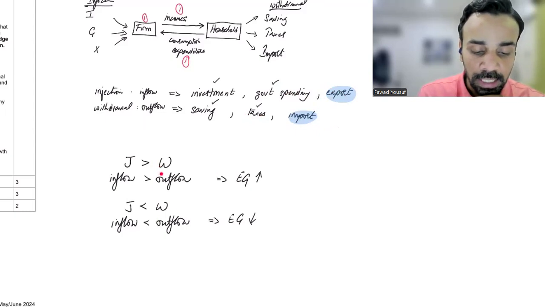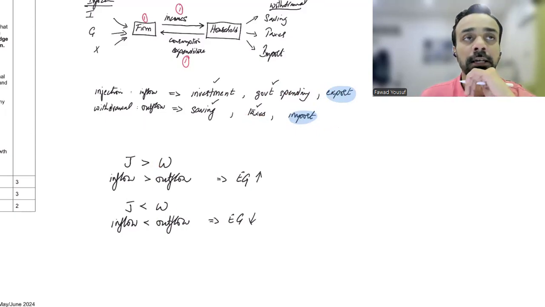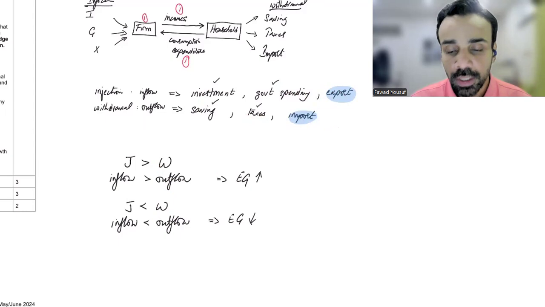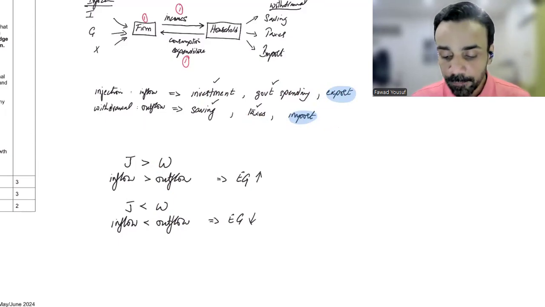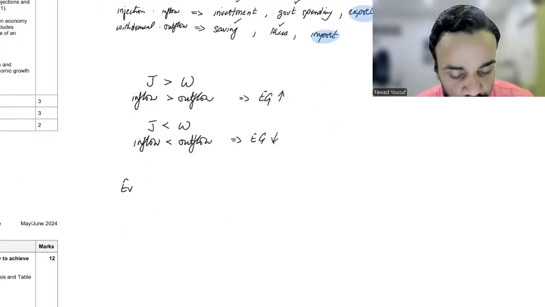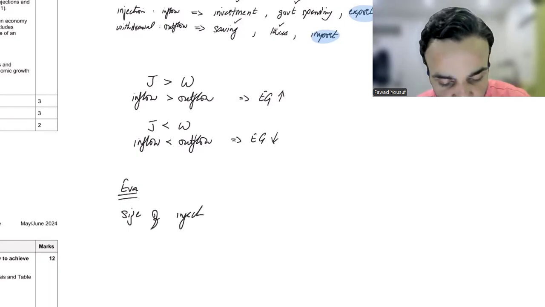Okay, so these 3 marks we gave in your analysis, that this is how the growth will be. And then the final evaluation was about how big of an impact it can actually bring. So in evaluation we were looking for a discussion on the size of injections and withdrawals.